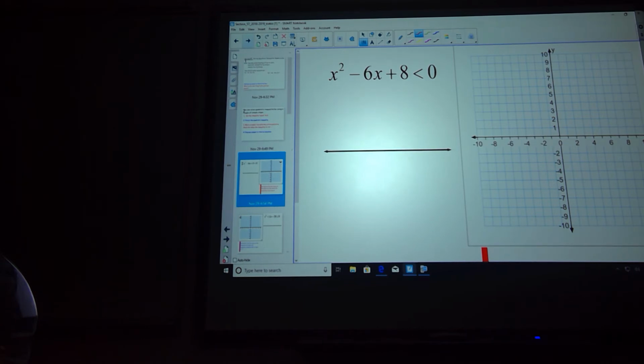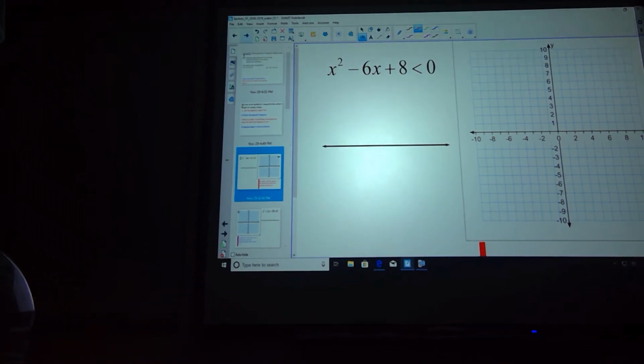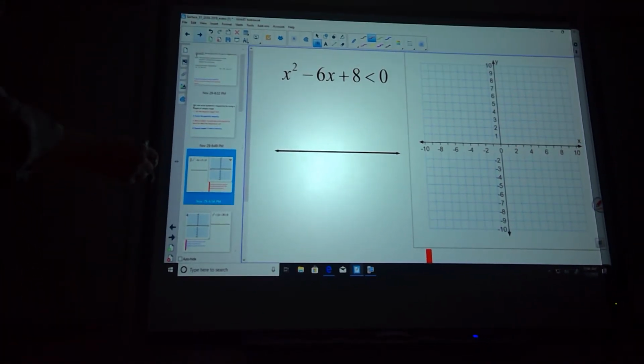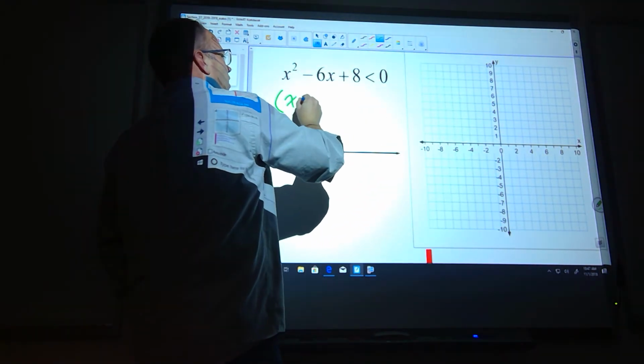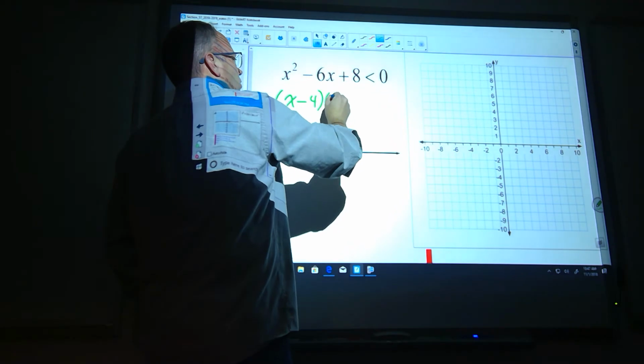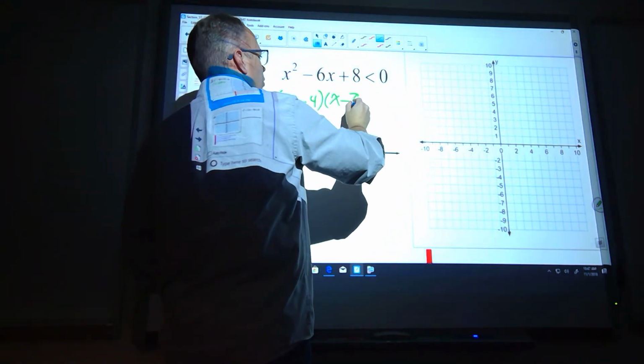I'm missing y. I'm missing the y value. But yet I have an xy grid or Cartesian plane up here that I'm going to try and graph off of, right? So I'm going to factor this. This is going to go x minus 4, x minus 2. Excuse me, that's a 2.